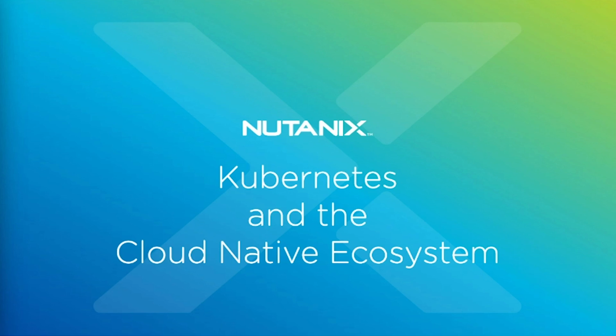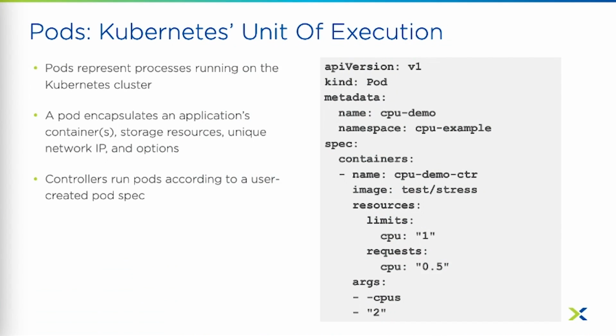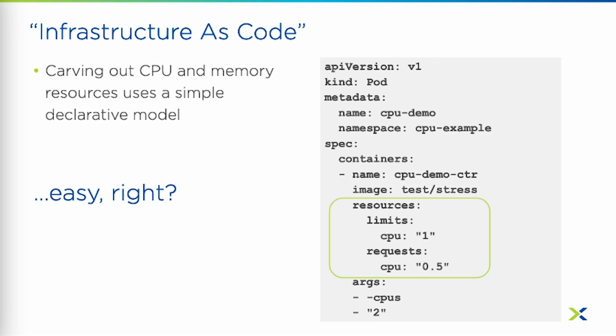When you look at what Kubernetes does and how it's architected, you probably end up focusing a lot on pods. You get to the point where you've operationalized Kubernetes, and the pod basically is an encapsulation of an application's containers and other resources.